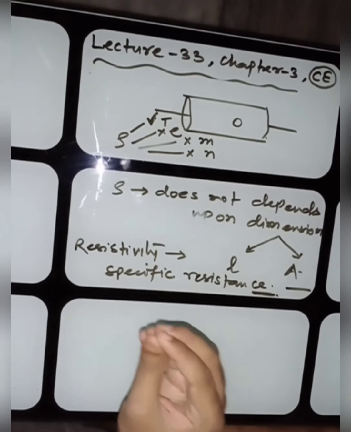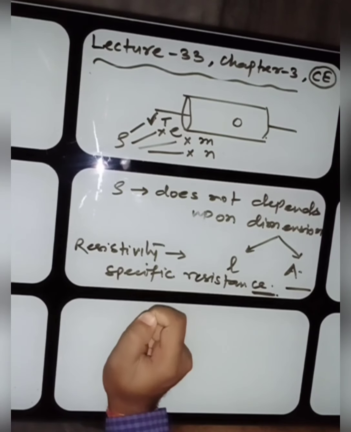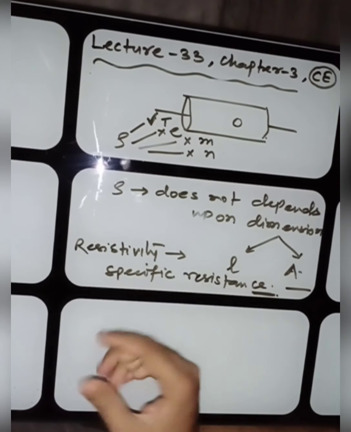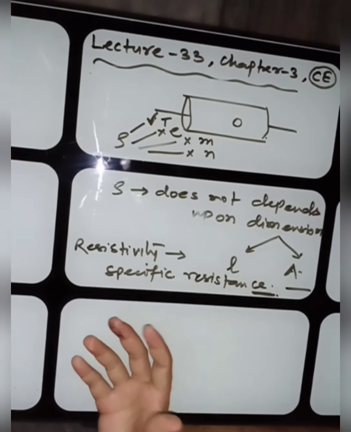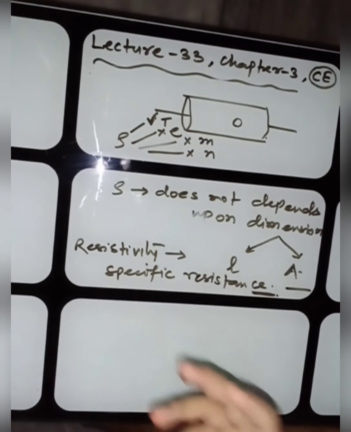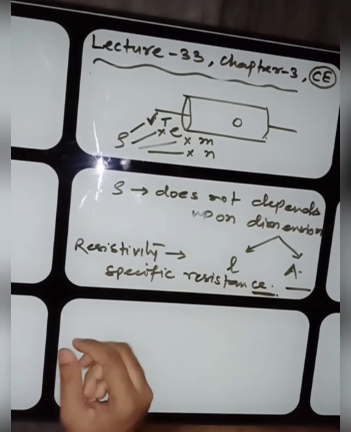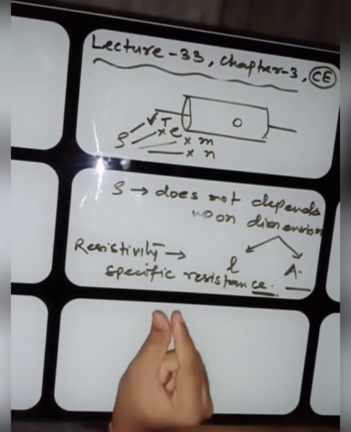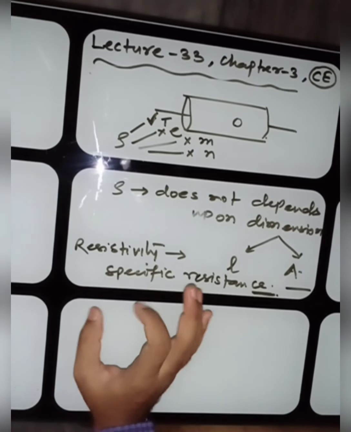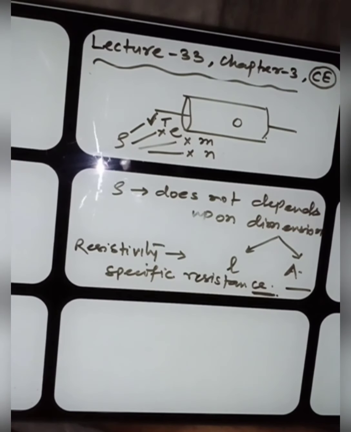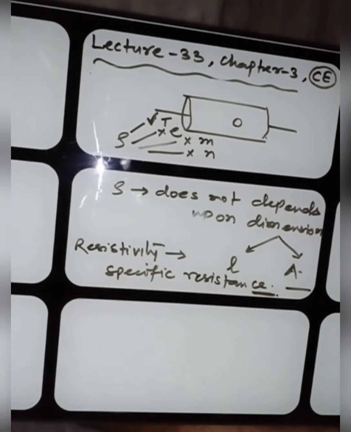You will find another definition in your course books: the resistance of a unit length and unit cross-sectional area of any conductor is called the resistivity. But the fact is, the resistance of the elemental part of any conductor is the resistivity.